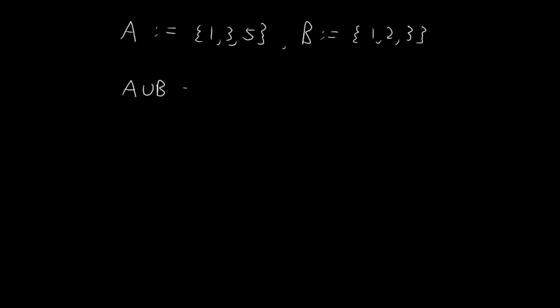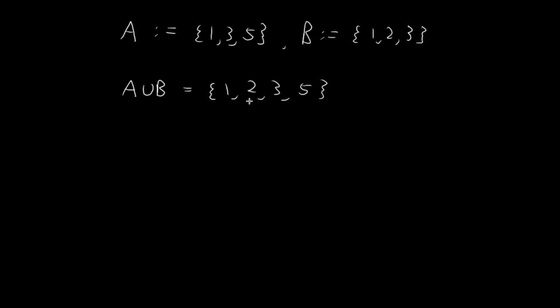Now let's take a look at an example. Suppose A is defined to be the set consisting of the numbers 1, 3, and 5, and B is defined to be the set consisting of the numbers 1, 2, and 3. In that case, A union B is the set consisting of the numbers 1, 2, 3, and 5.